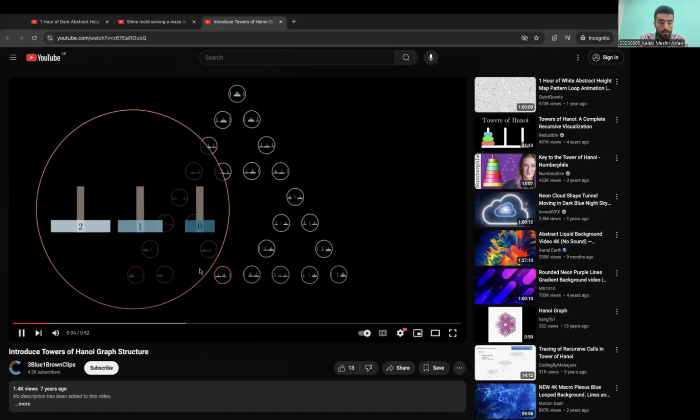Okay, so this is the planar graph illustration of the Towers of Hanoi from its initial stage to the final solution. Let's try to see it clearly. For example, if you see this illustration, to make the situation simple, I chose the 3 peg and 3 disk setting of the Hanoi problem.